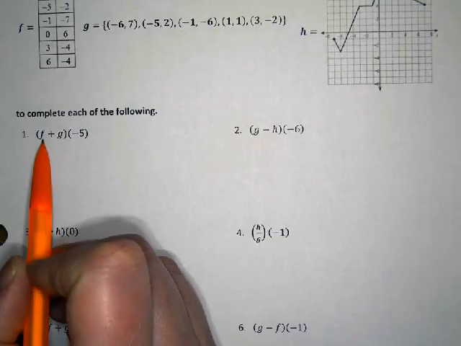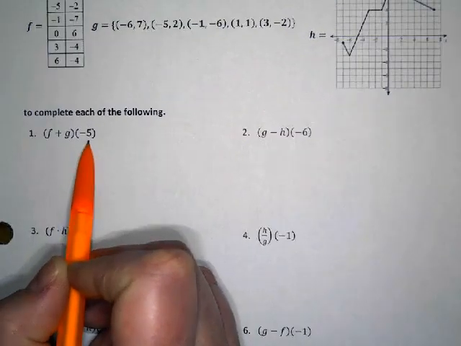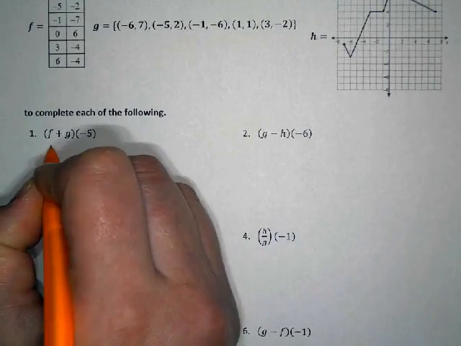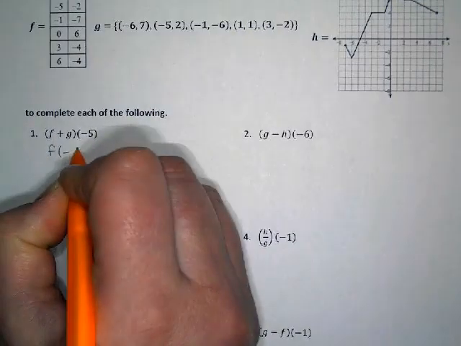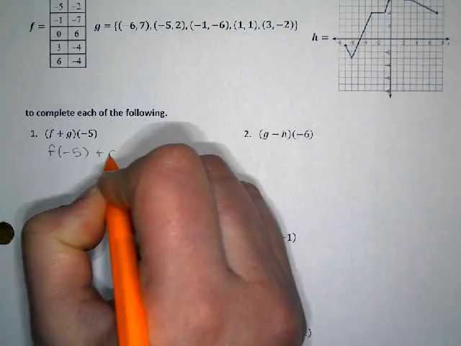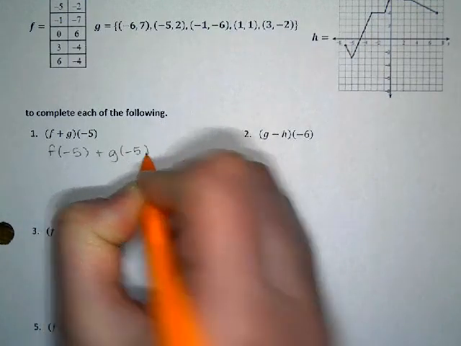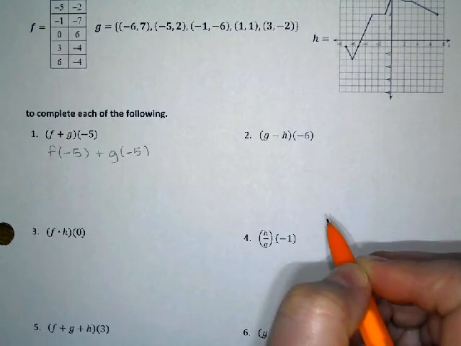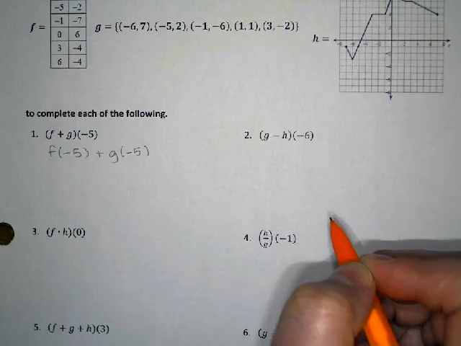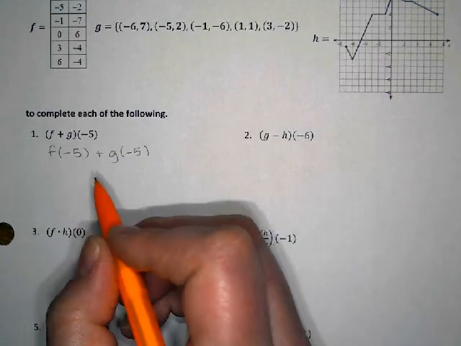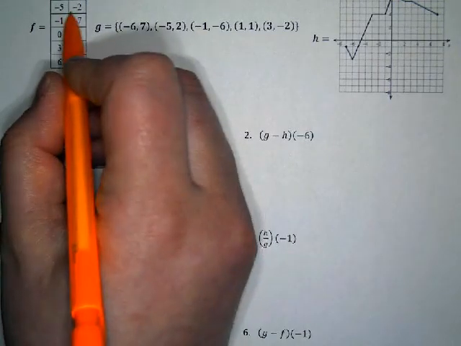So the first problem says f plus g of negative 5. This is notation that means you're going to take f of negative 5 plus g of negative 5. You're just adding them together. So what is f of negative 5? If you plug in negative 5 to f, what do you get? Negative 2. Okay, so we get that from the table.